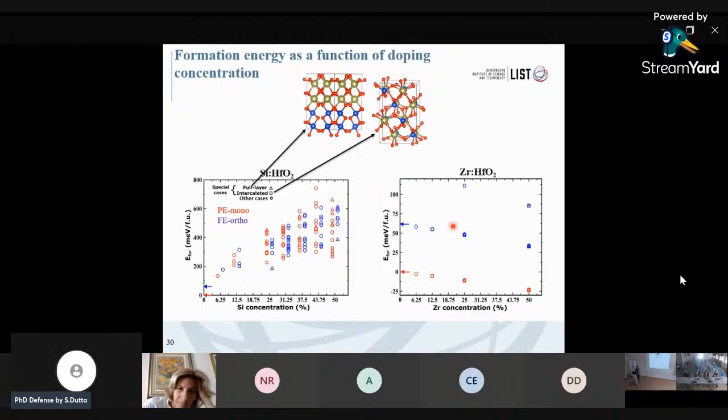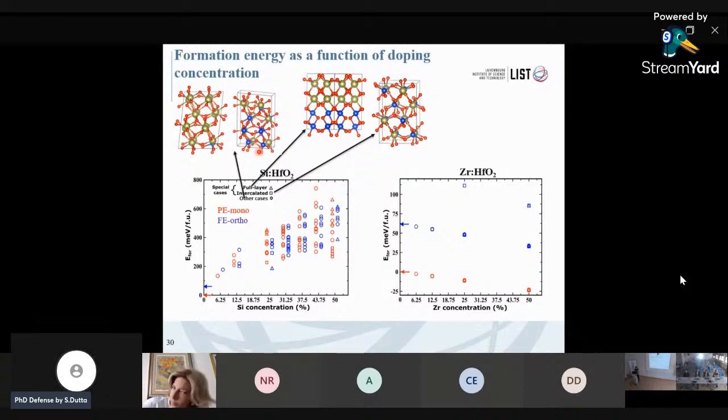And the circles are the other cases, for example, when the dopant is isolated or when they form this kind of arrangement. As you can see, the paraelectric phase is the red one and the ferroelectric phase is the yellow. And here each symbol represents the formation energy of this configuration.